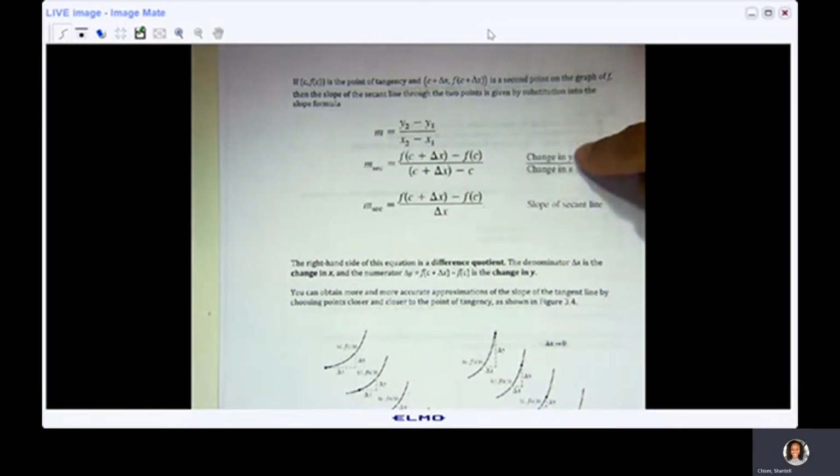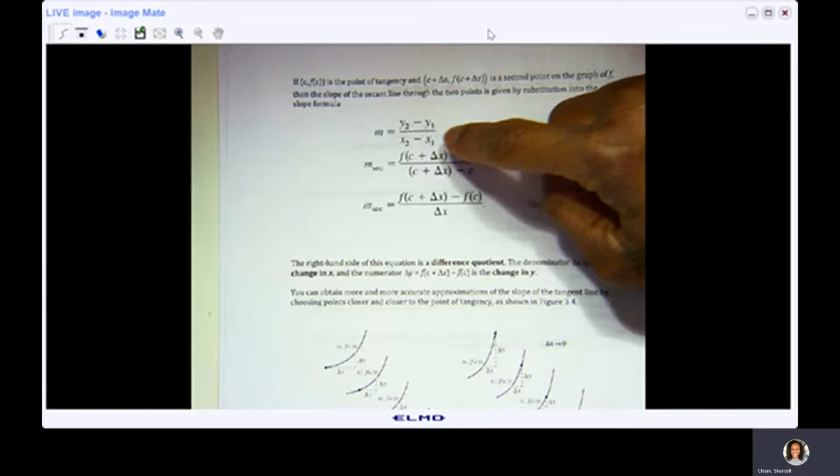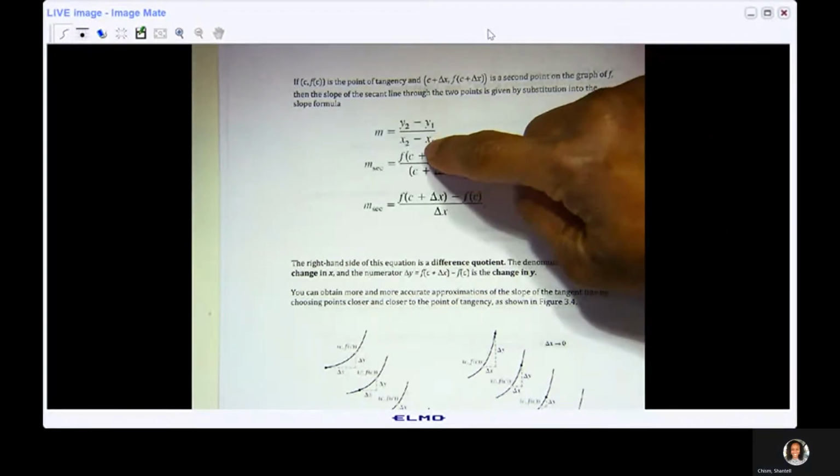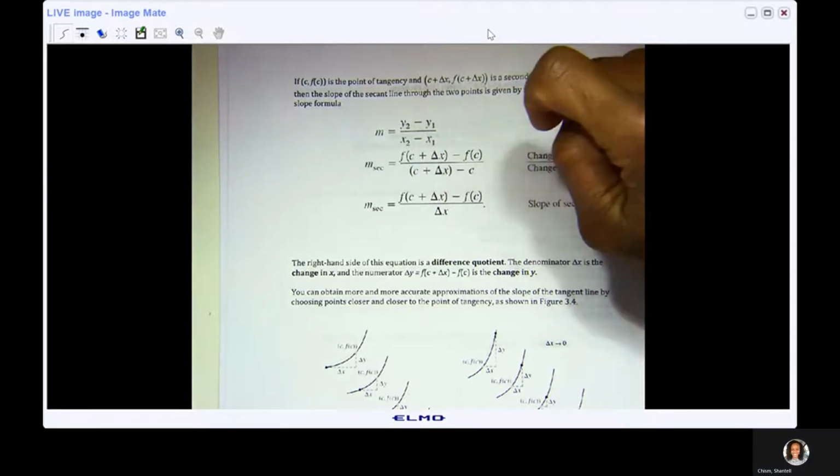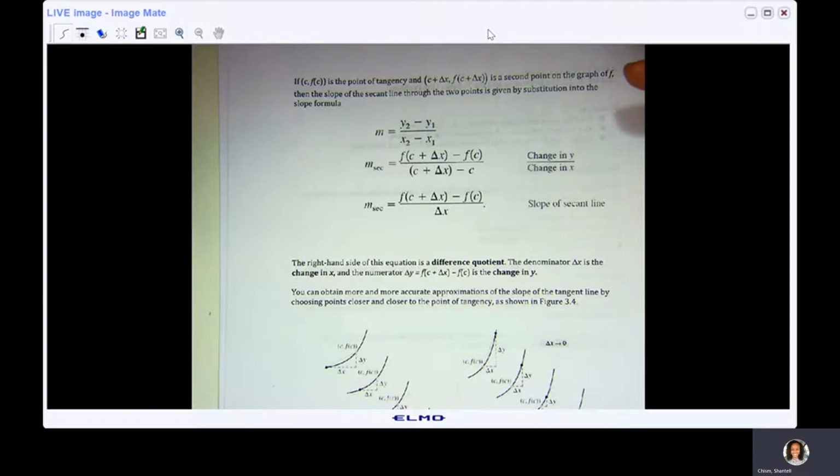So we will find the difference along the secant line.